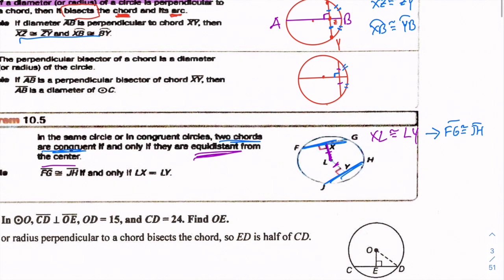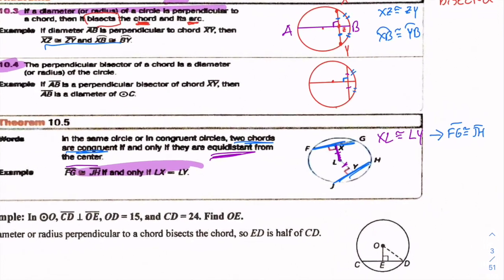That is what that is stating. And of course right here is just showing the biconditional. So either or, if you know that the chords are congruent, FG and JH, then that means this equidistant segment here, they are the same as well, okay?